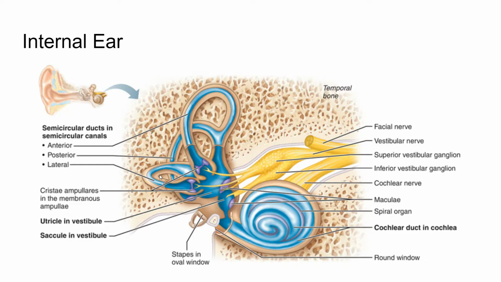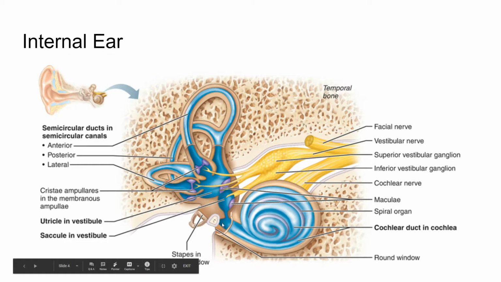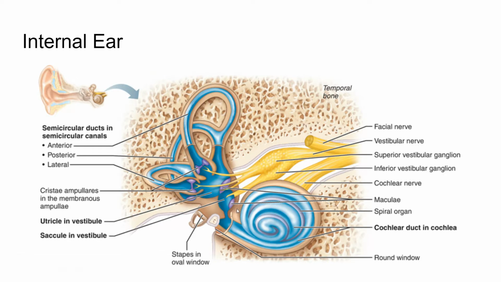All right, so let's look at these three structures by themselves: the vestibule, the semicircular canals, and the cochlea. The vestibule is this bony cavity right here surrounded by bone. This is obviously not a bone, but you can see the bone surrounding it. The vestibule has receptors for equilibrium and response to gravity changes.